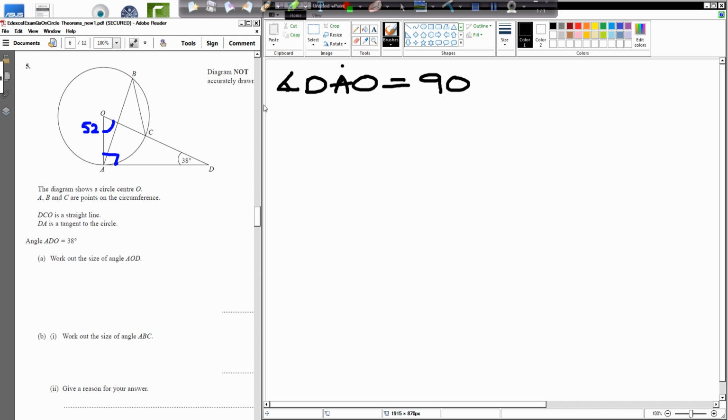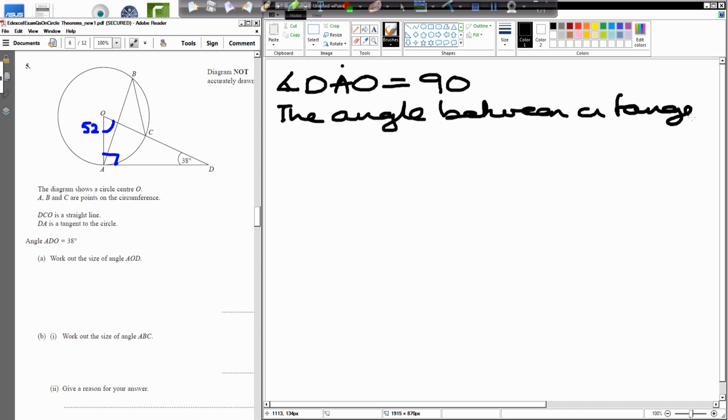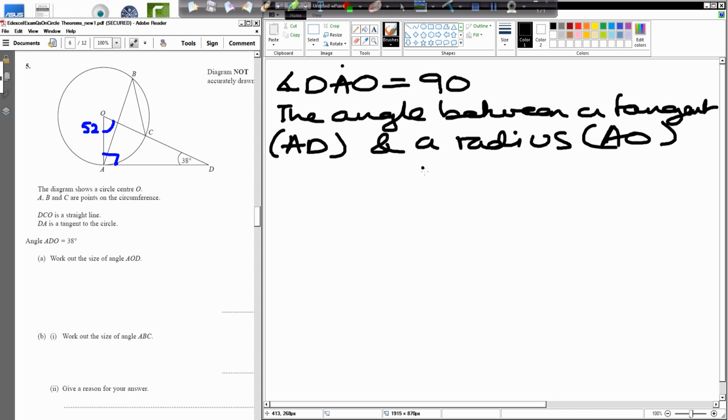The answer will be the angle between a tangent. What tangent is it? The tangent is AD. Angle between tangent AD and a radius, and the radius AO, is 90. That's why it's 90.